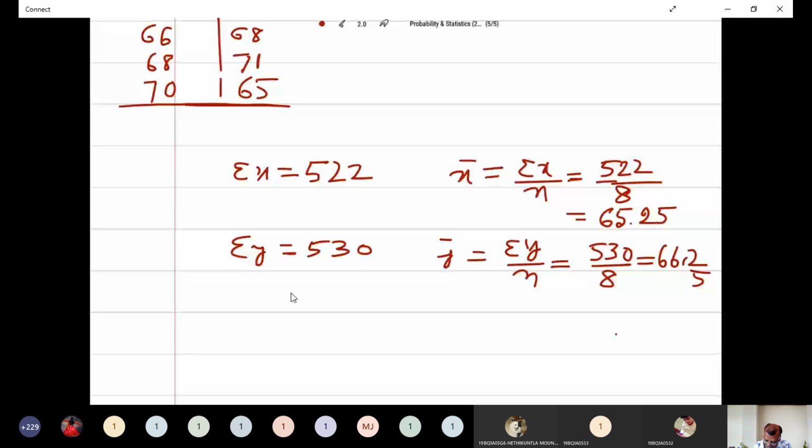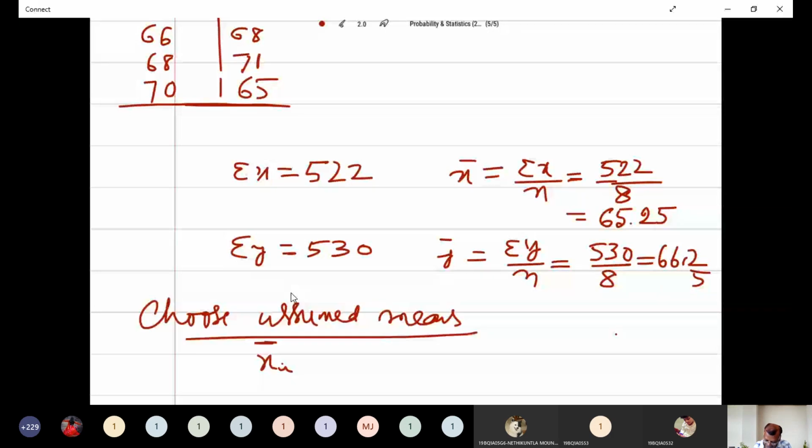X suffix a stands for assumed mean. That is for convenient purpose. That is 65.25, therefore we have to choose 65. Similarly, y bar assumed mean, y bar a is equal to 66. Okay, that is the way that we have to choose the assumed means.